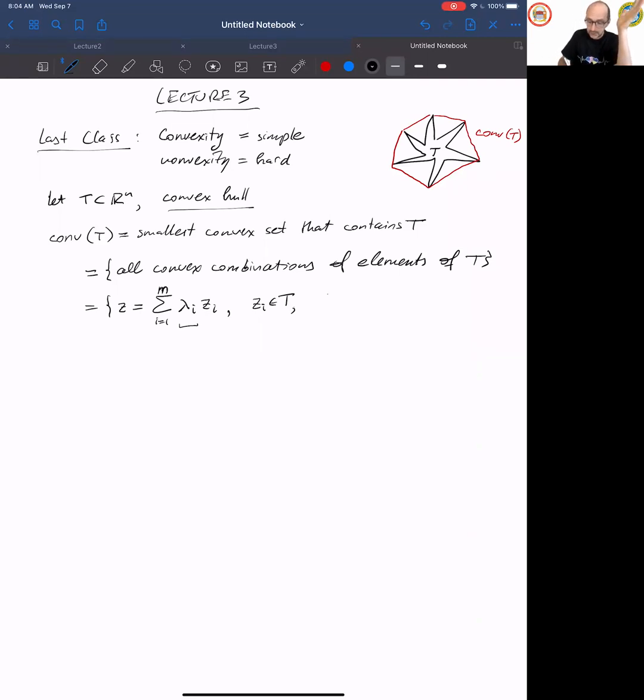As proportions, they are non-negative, and they sum to 1, like percentages in which you mix the z_i's. So this is a convex combination. Okay, so far so good, remember? Perfect.